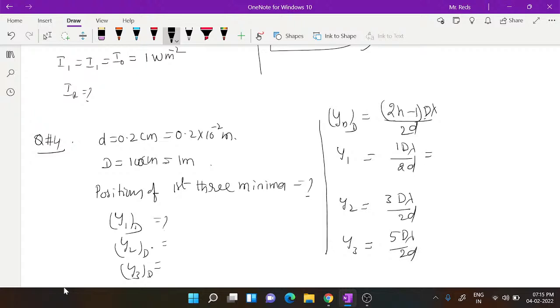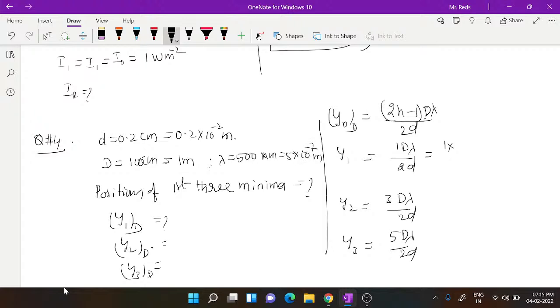So if you simplify this, we get D is 1, lambda is 500 nanometer, which is given. 500 nanometer is equal to 5 into 10 to the power minus 9 plus 2, which becomes 10 to the power minus 7 meters.